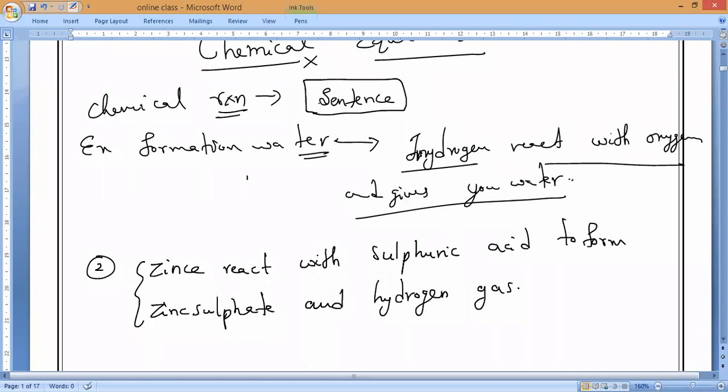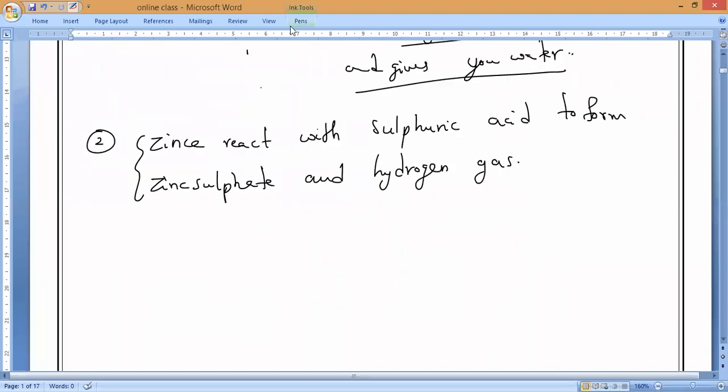And the main thing, the number of atoms present on the reactant side and the number of atoms present on the product side must always be balanced. Yes or no, guys? Because of the law of conservation of energy. What does it say? Energy can neither be created nor be destroyed. So the number of atoms present on the reactant side must be equal to the same number of atoms present on the product side.